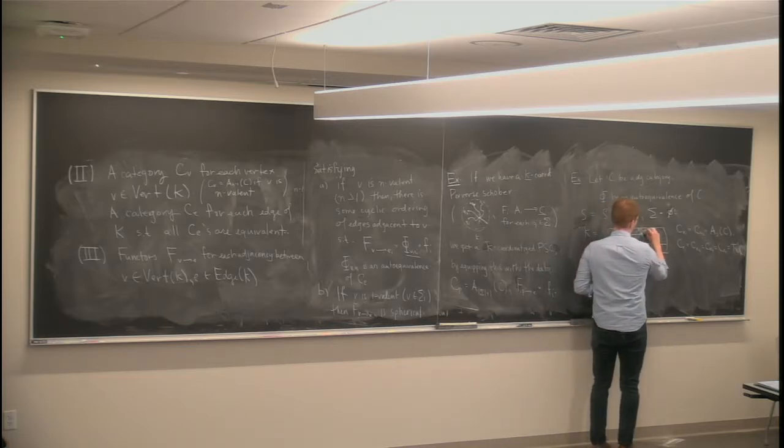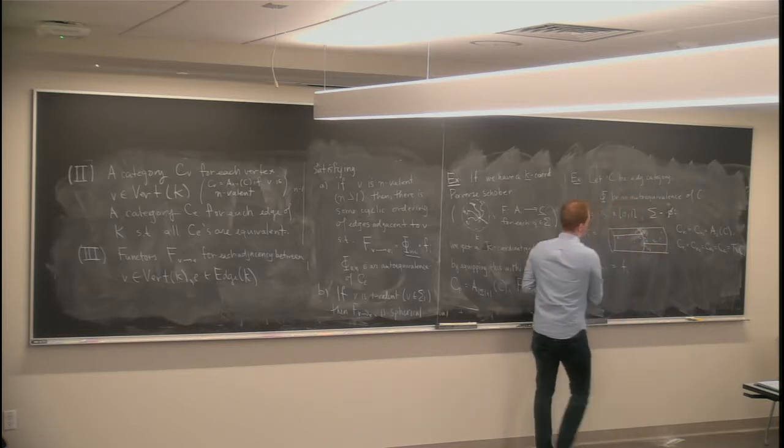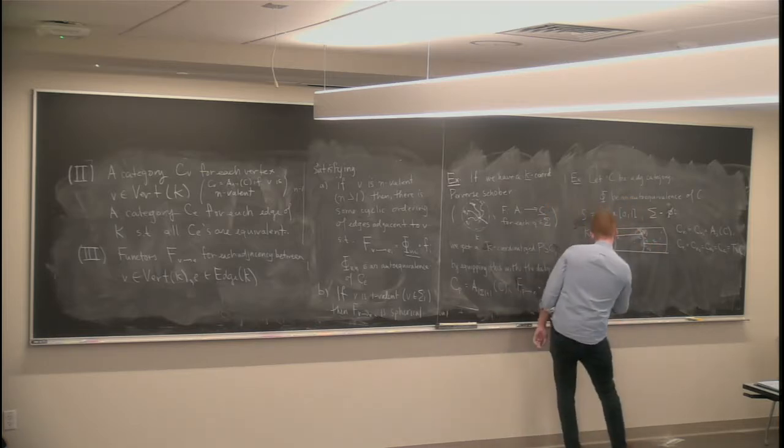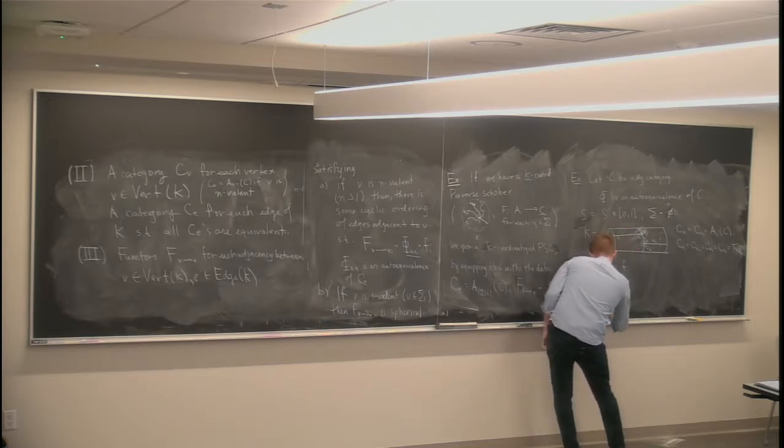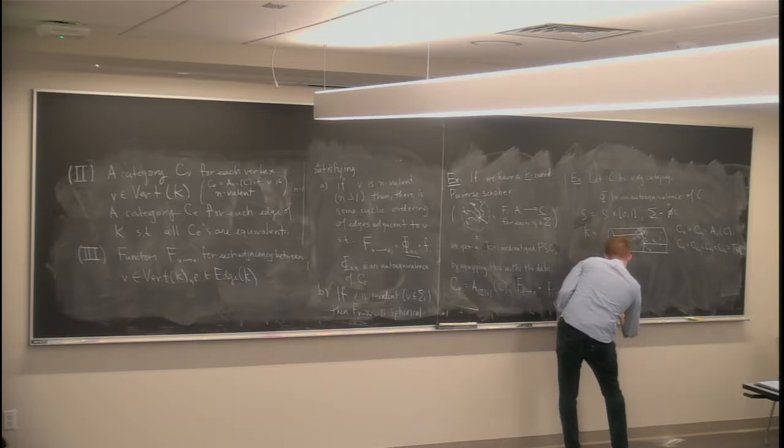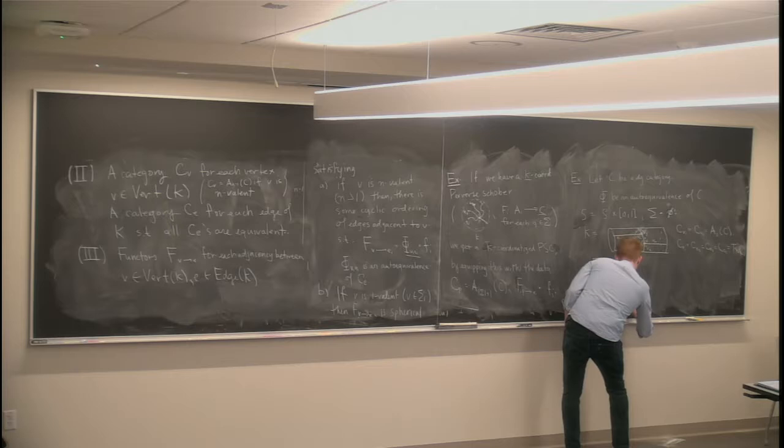So let's choose some orientations of these things. Okay, sure. Then F1 going to E3 will be F2, and F1 going to E1, let's let this be F.